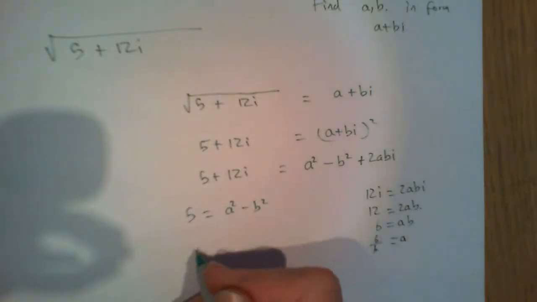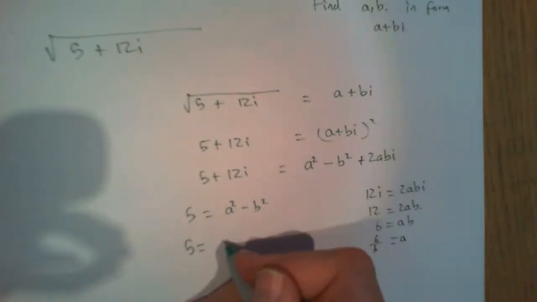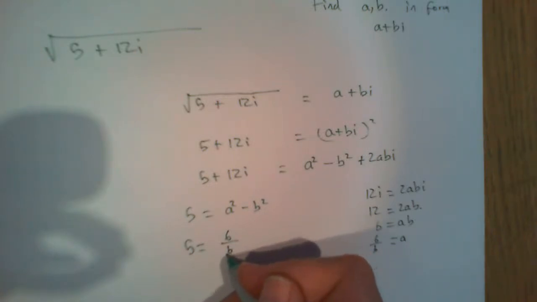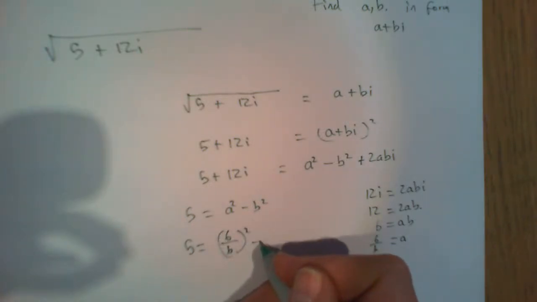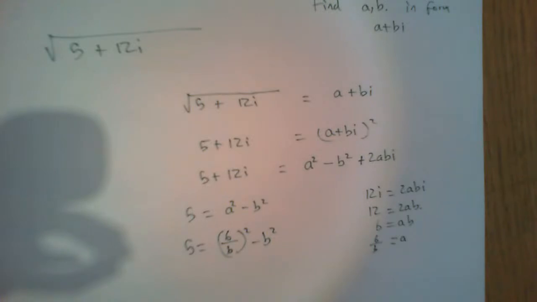So if I substitute that in there, that's going to be 5 is equal to 6 over b squared minus b squared. Okay, let's try and think. Let's do some cool things here. If we multiply everything by b squared, we get 5 is equal to 36 over b squared minus b squared.